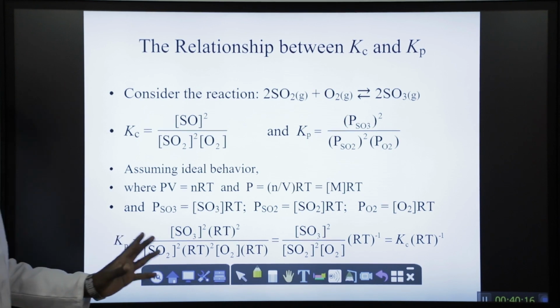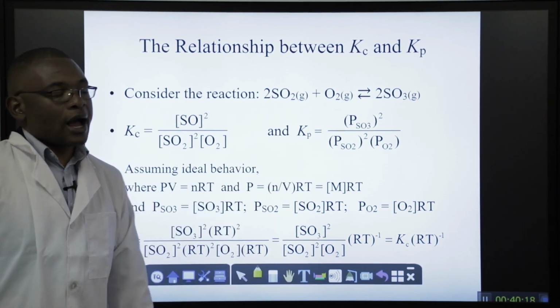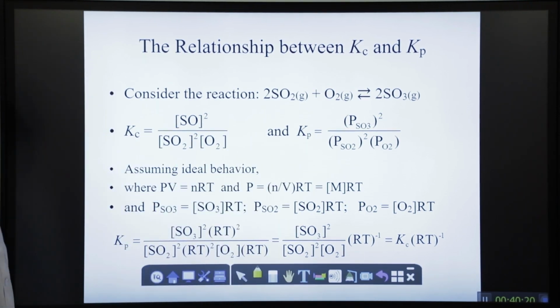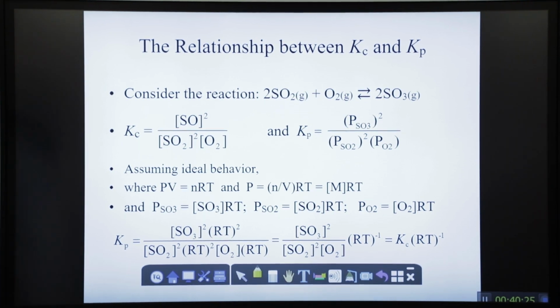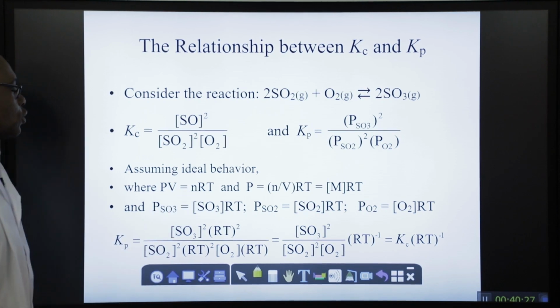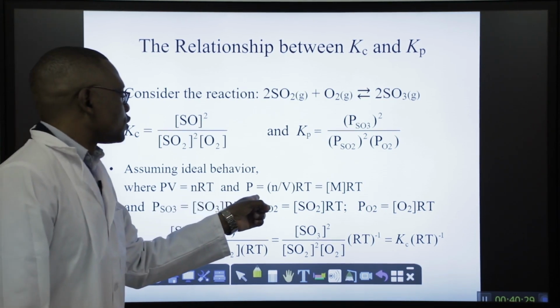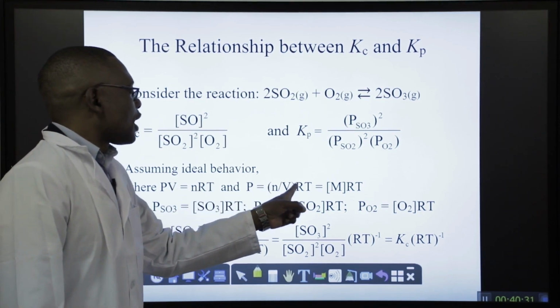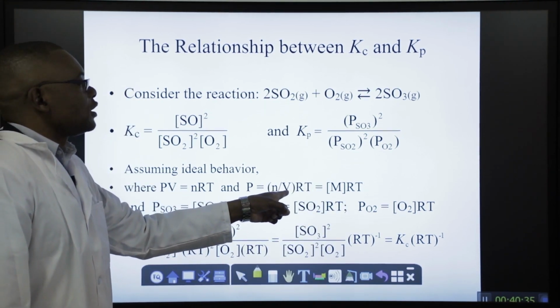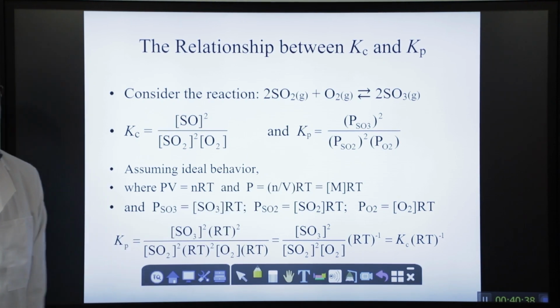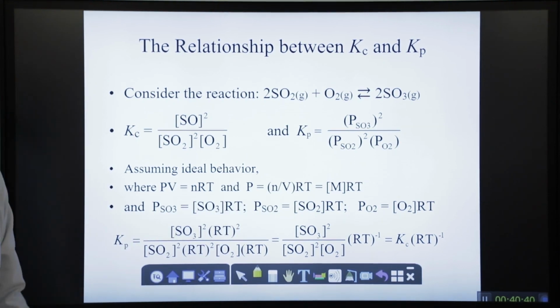So if we assume that these are under ideal reaction conditions, we will bring in the ideal gas law equation, which says PV is equal to nRT, and P is equal to n over V times RT, of which we note n over V is number of moles over volume, which is concentration, molar concentration.